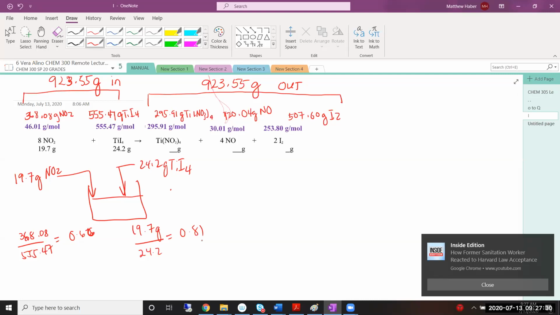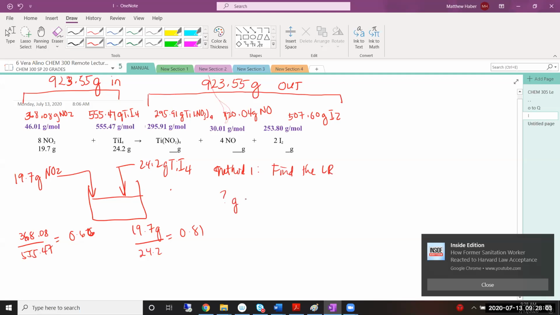So one will eventually run out first. So you're going to figure out which of these two reactants will run out first. Not necessarily meaning if you have the least value, it doesn't necessarily mean that that is the one that will run out first. You have to do some analysis in order to figure that out. So I'm going to first do this first step. Method 1: find the limiting reactant.